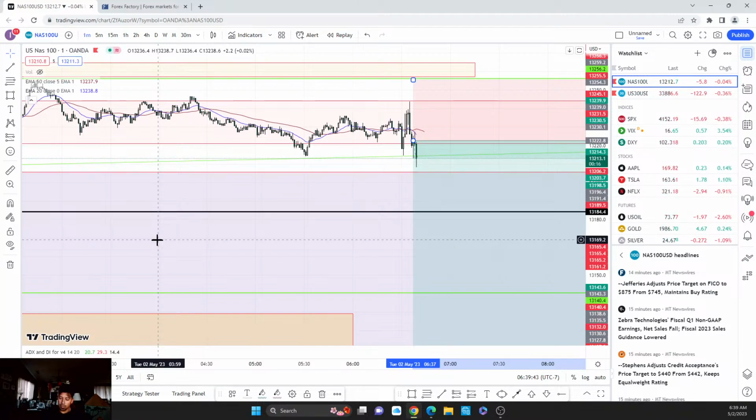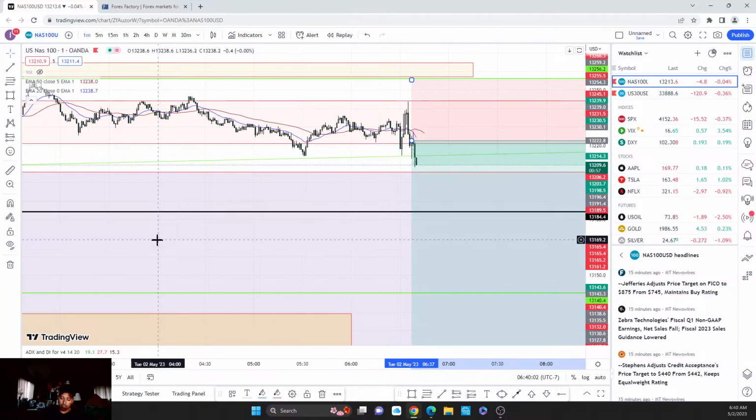Got about 15 seconds left. Let's see what this thing does. Still respecting the trend line a bit, right? So it's not really breaking anything. See if it can fall through. Okay. See if it can break through all this.